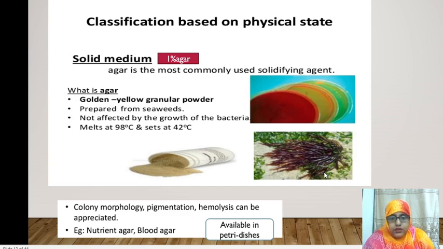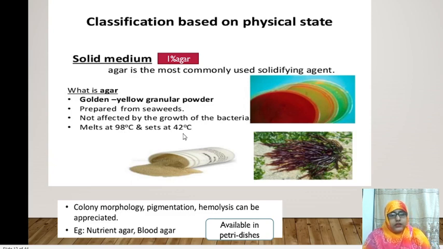We process this material and prepare this type of dried powder and use it as a solidifying agent to prepare a media, not affected by the growth of the bacteria. Melts at 98 degrees and sets at 42 degrees.